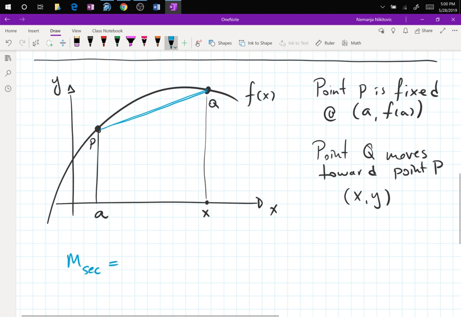So you see that this blue line cuts off a part of a function. And we can find this slope by writing yq minus yp divided by xq minus xp, simply change in y divided by change in x.